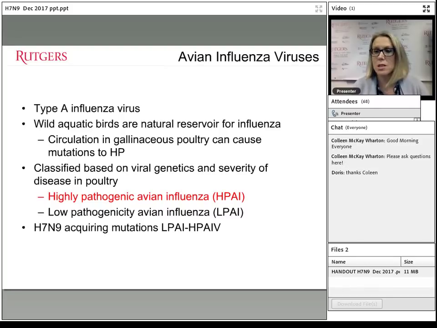So avian influenza is listed as a select agent, not so much because it can cause a lot of infection in humans, although if it did cause infection in humans and caused a pandemic, humans do not have immunity to these viruses. Because they're avian-specific viruses, our bodies do not recognize the hemagglutinin and neuraminidase on the outside of the envelope.